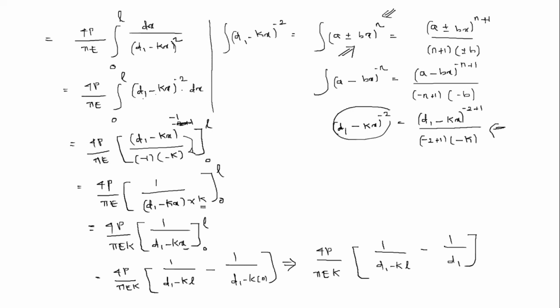This is after applying the limits. Now we have to simplify this. Again I am going to write the same equation, del L equals 4P divided by pi E k into 1 divided by (d1 minus kL) minus of 1 divided by d1.